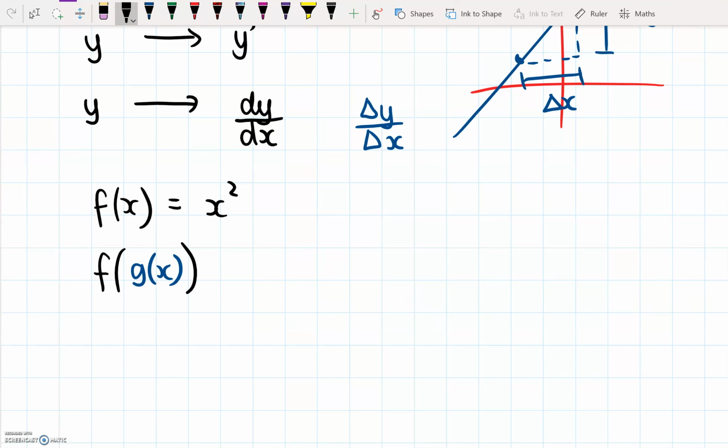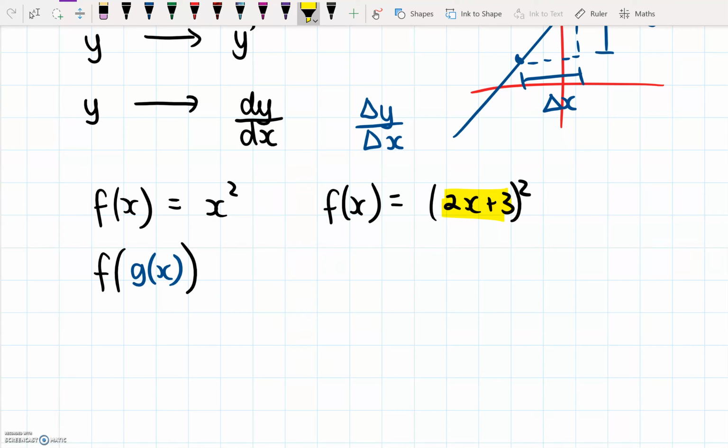So an example of a way that we could write this first function as a chain, or as a function that requires the chain rule, would be that we can say function of x is equal to, and instead of x, we're going to put a function there. So we're going to say, for example, (2x + 3) squared. So this is a function inside another function. The first function is this one, and it is inside the function of x squared, for example.